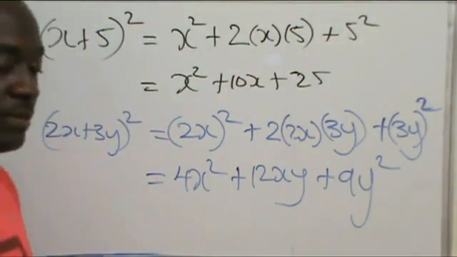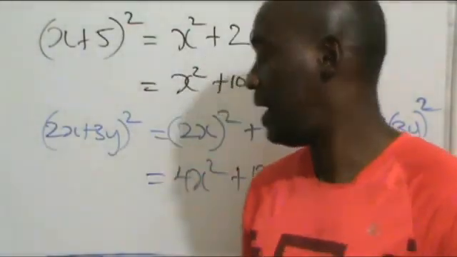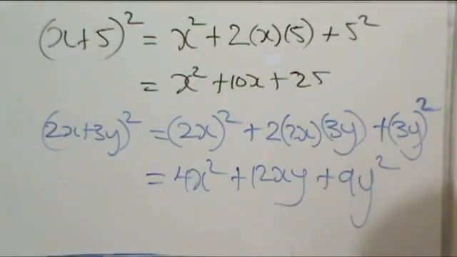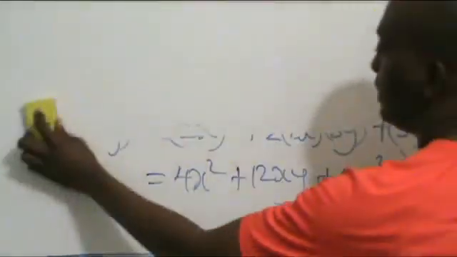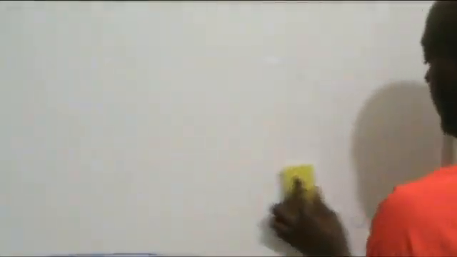So we're going to clear some space on the board now and do the third example. Alright, so let me just clear this. Save some time here. Alright. So we clear this now and we're going on. So we now have x minus 5 squared. So we had x plus 5 squared on top, now we have x minus 5 squared.